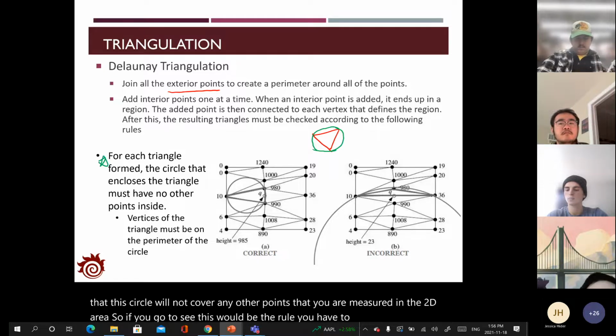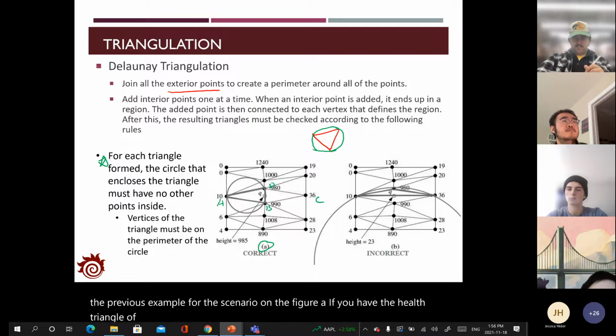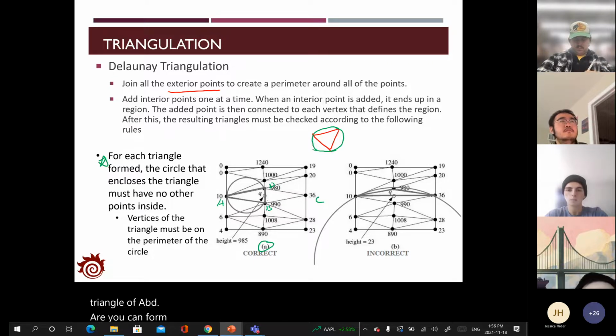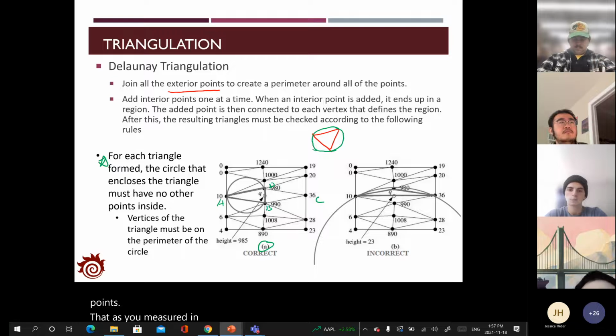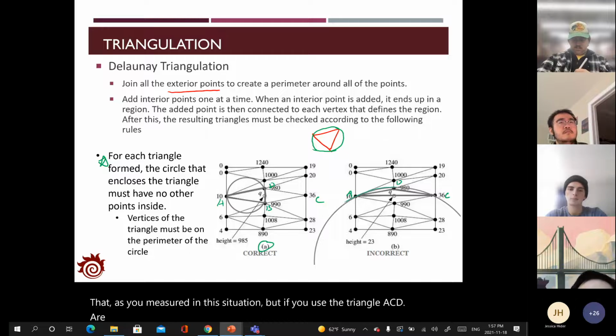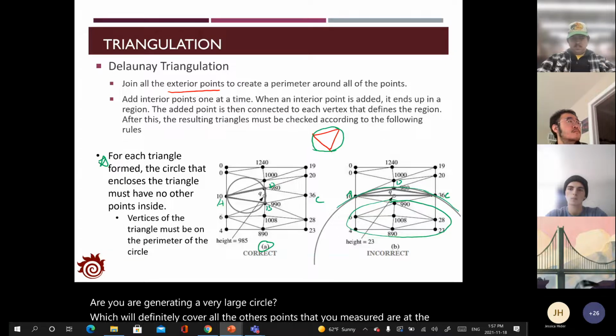If you look at the previous example, for the scenario in figure A, if you have the triangle ABD, you can form the circle, and you will observe that this circle will not cover any other points that you measured. But if you use the triangle ACD, you will generate a very large circle, which will definitely cover all the other points that you measured at the bottom of this 2D region.